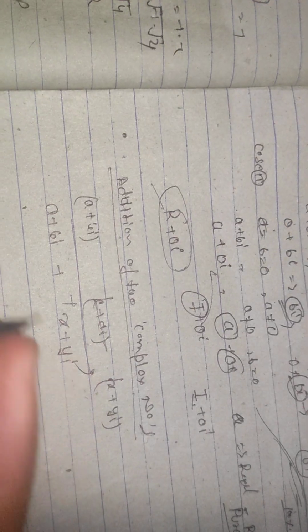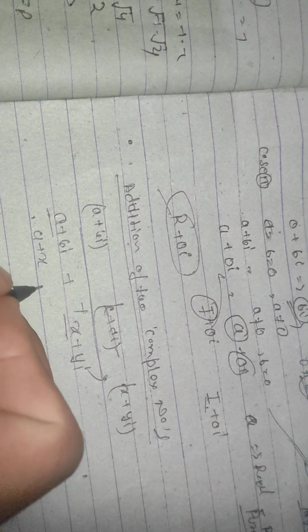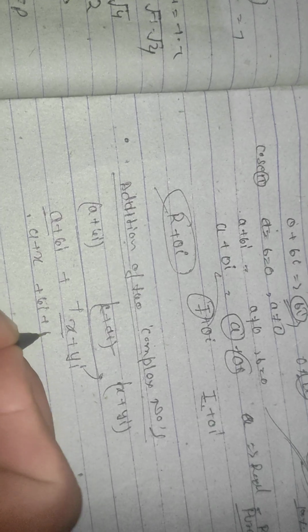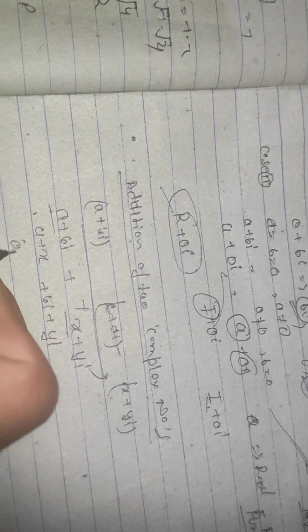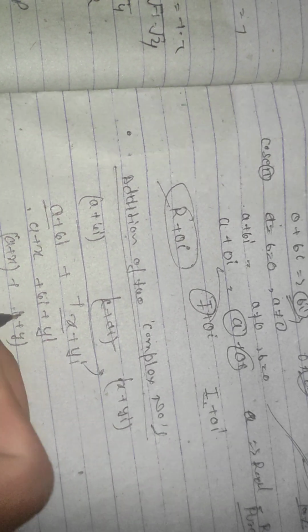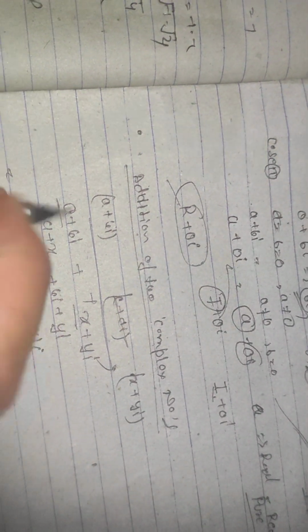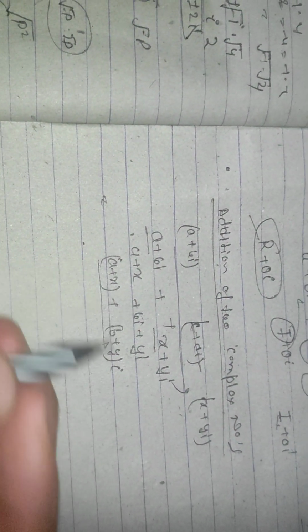The real part adds to the real part, and the imaginary part adds to the imaginary part. That is, (a plus x) plus (b plus y) iota. This is called adding two complex numbers.